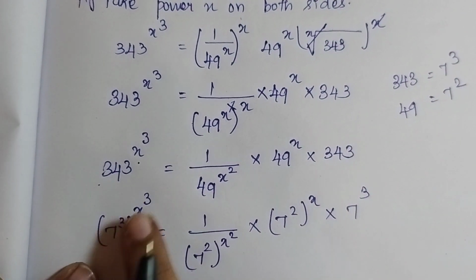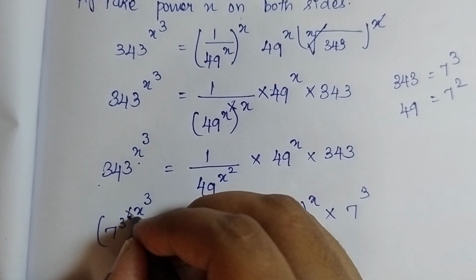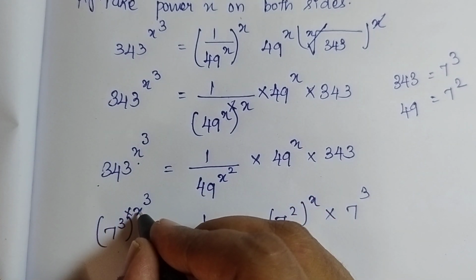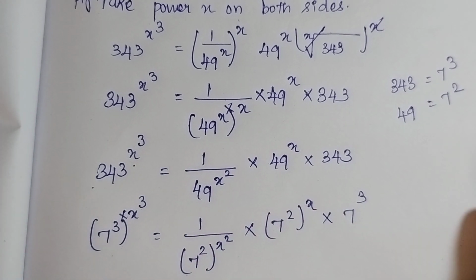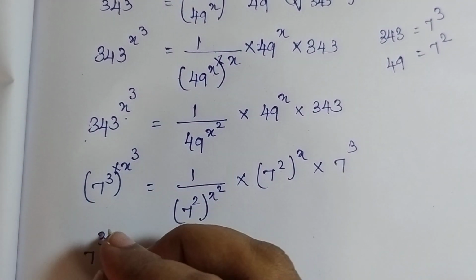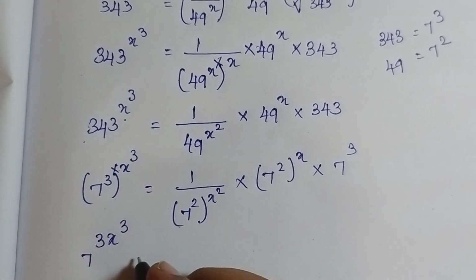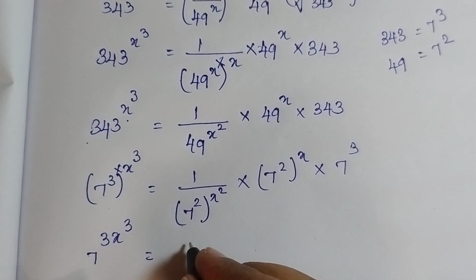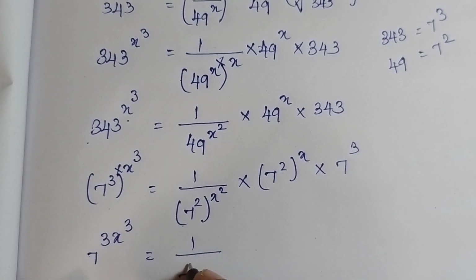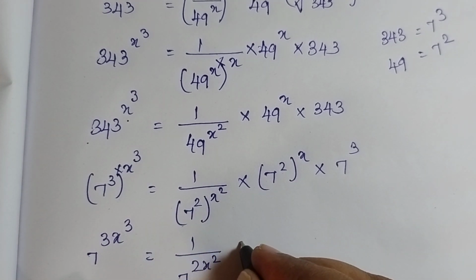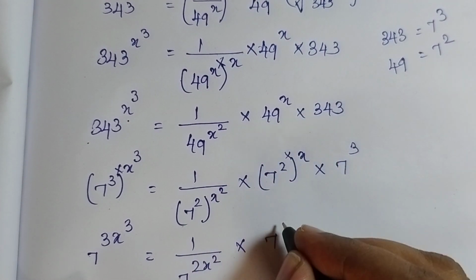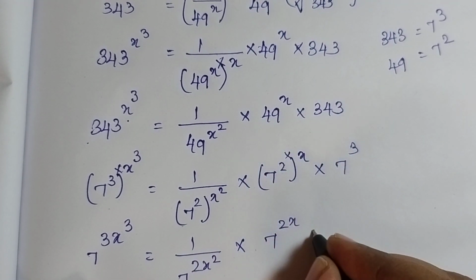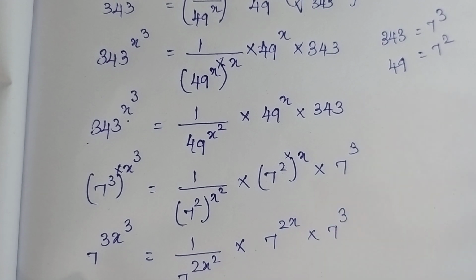Both get multiplied, so 3 into x cube becomes 7 power 3x cube, which is equal to 1 divided by 7 power 2x square into 7 power 2x into 7 cube.